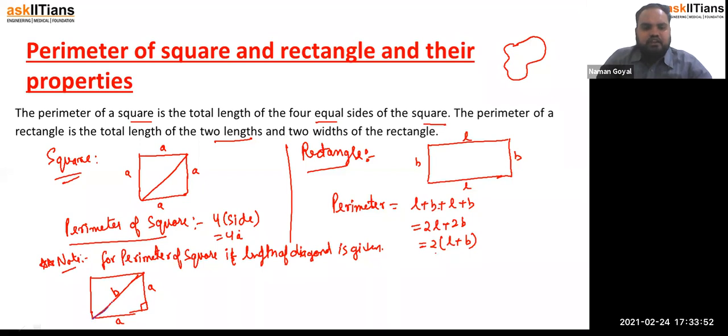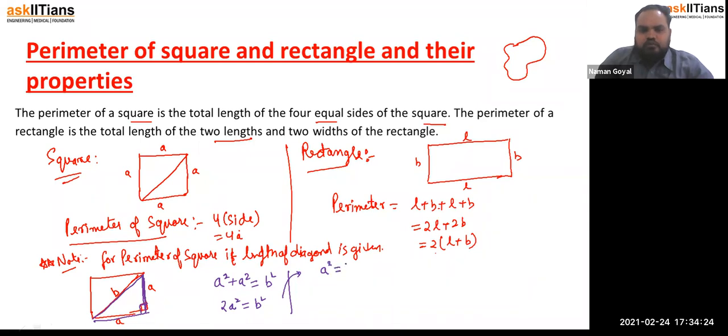See, in this triangle, this angle is 90 degree. So we can use the concept of what? Pythagoras theorem. By Pythagoras theorem, perpendicular square plus base square is equal to hypotenuse square. So it will be a square plus a square is equal to b square, right? So 2a square is equal to b square.